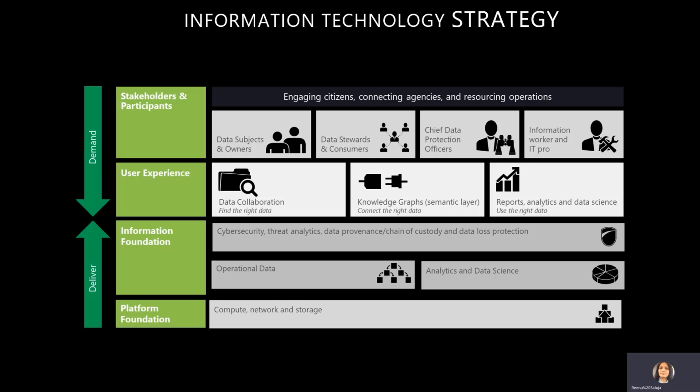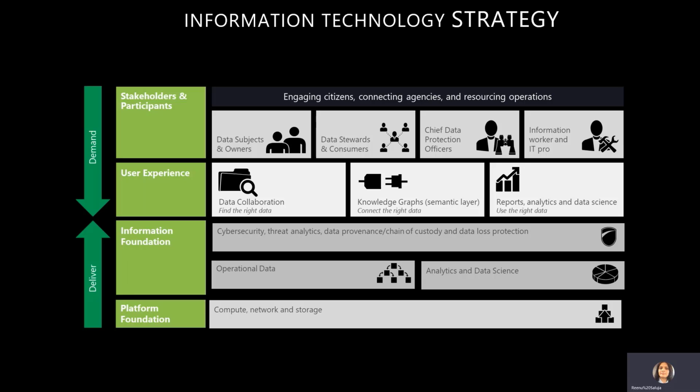To meet that information demand, how can we get it delivered? This is the high level diagram that you can see. From the demand side, we identified the key stakeholders, like who are the owners of the data, who are the stakeholders: chief data officer, information officer, IT pros, data steward, and what was their user interface, their UX through which they are going to access the data.